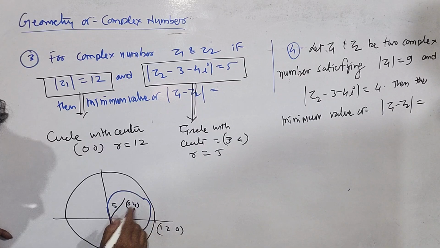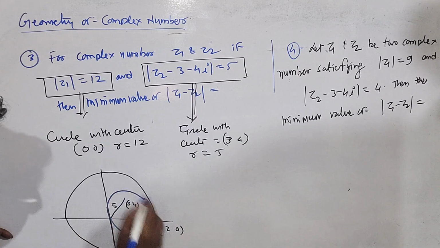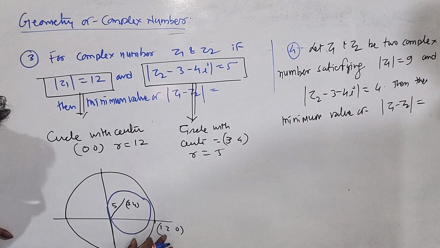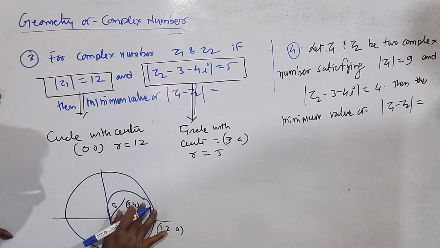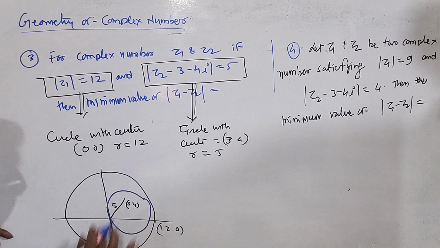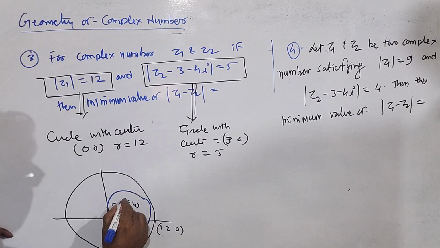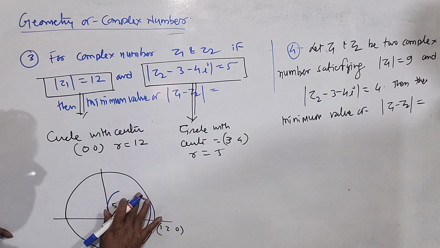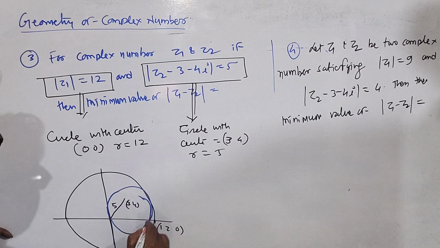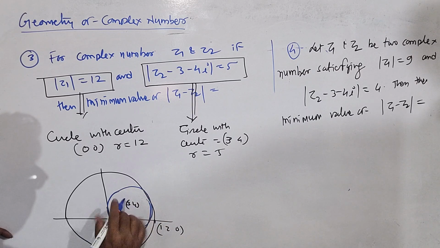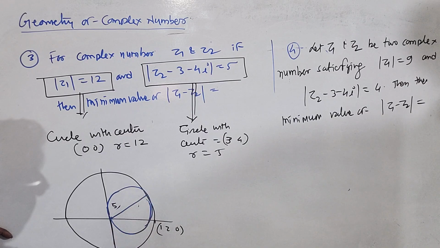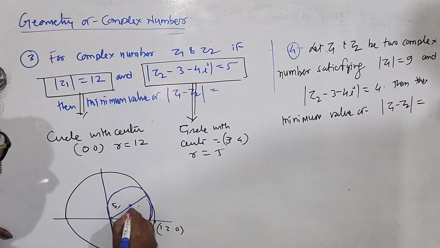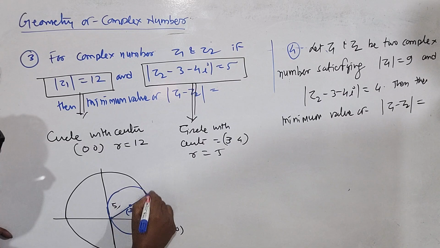See, this is 12, so it will not cross this one. But can it touch this one, or lie inside this circle? Let's see. If this circle is touching like that, then this will be the diameter of the circle, with center 3 comma 4, so the diameter is 10.